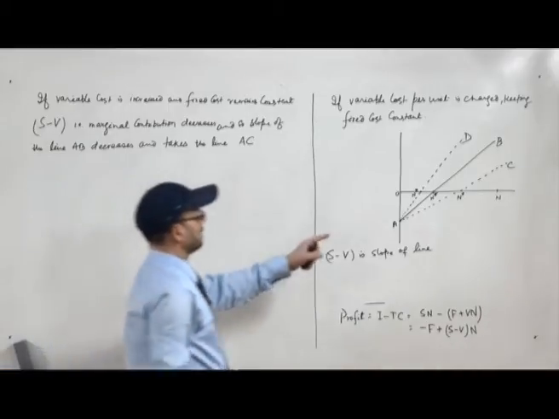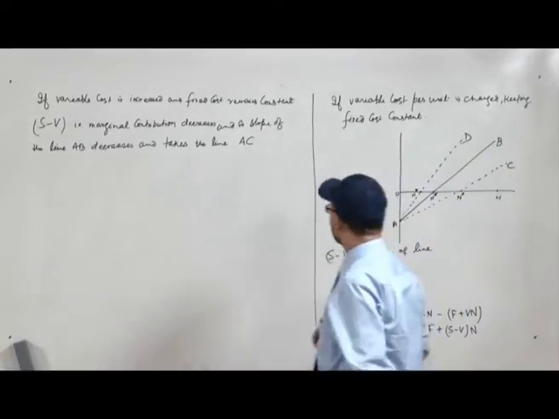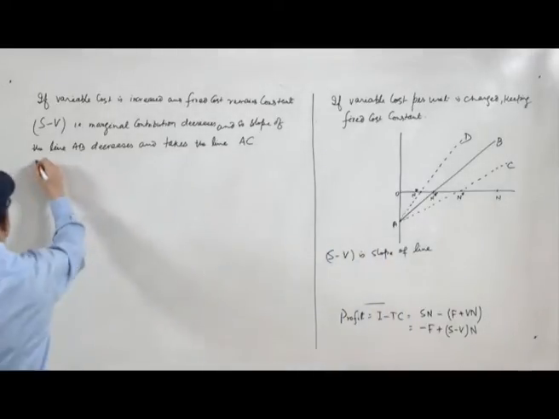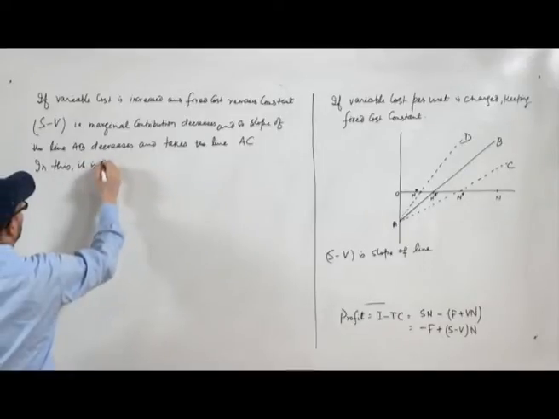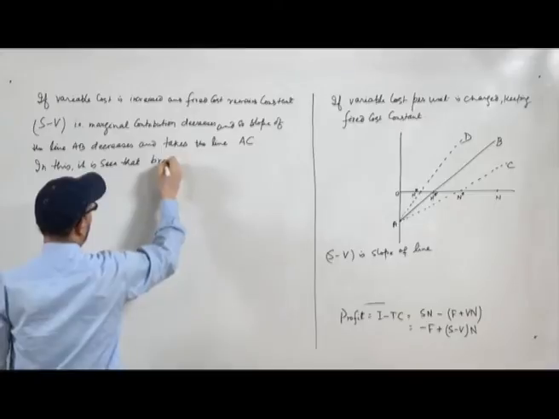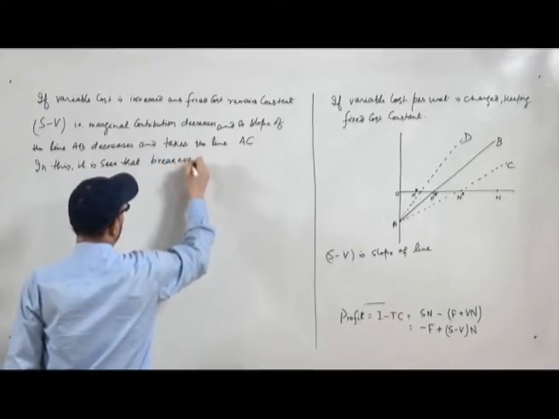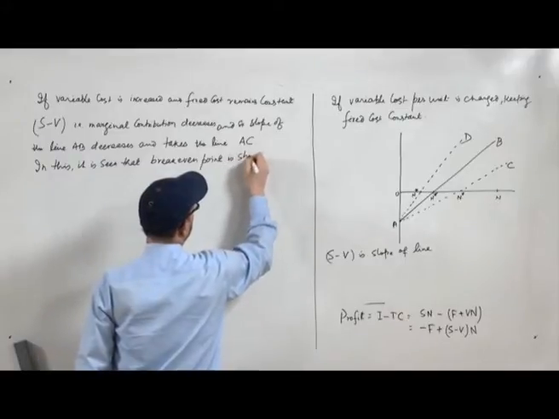So, the slope of AB now is AC. In this way, it is seen that break even point is shifted towards right.